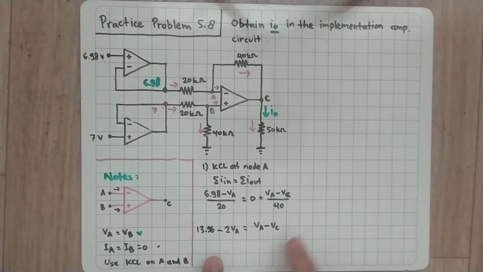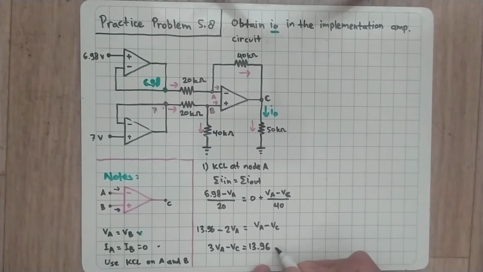And we can simplify this into this equation: 3VA minus VC is equal to 13.96. Okay, let's have this as equation number 1.